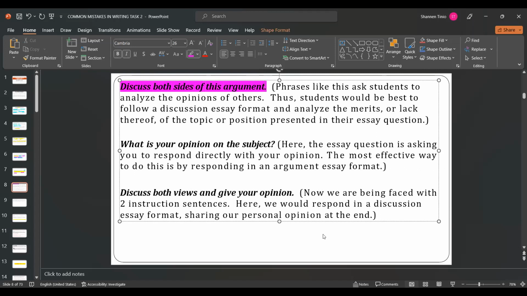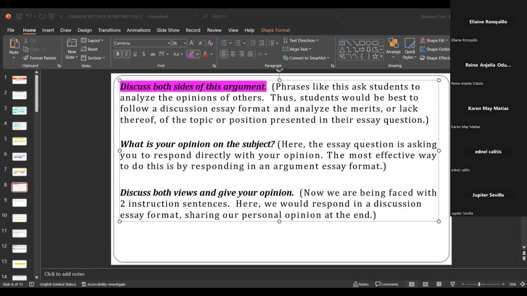Guys, excuse me. Nahihilo ako bigla. Sabi ko naman sa inyo, huwag kayong nagpupuyat sa maling tao, ha?